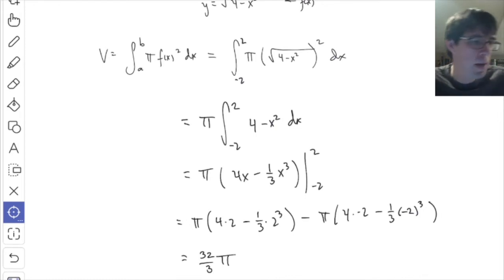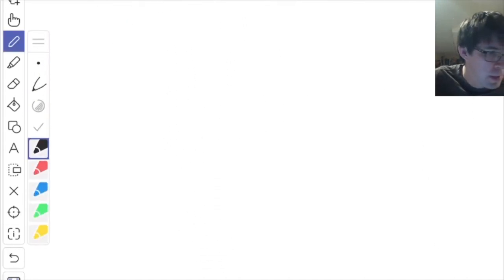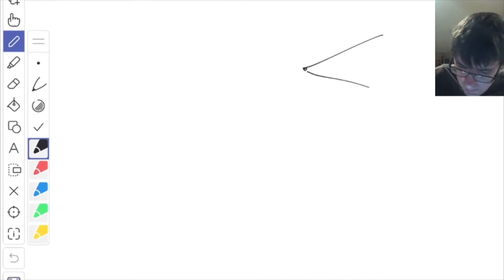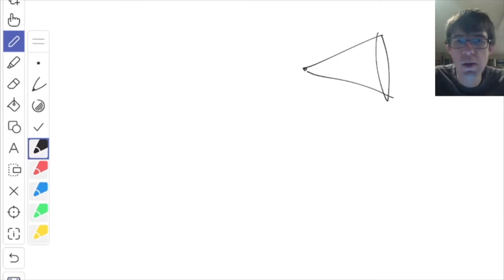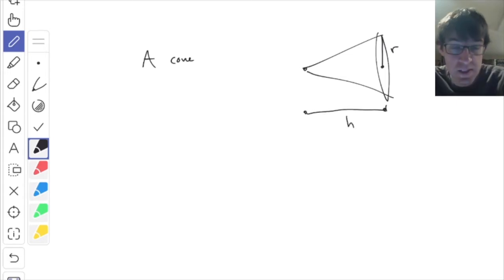All right, let's try another sort of common geometric shape. A cone. This is a cone. Let's see if we can derive the general formula for a cone with radius r and height h, because usually you draw the cone as standing up.